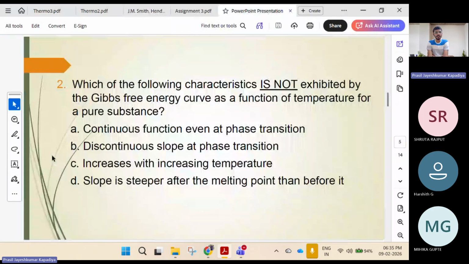That is this. Okay, so this we just studied. Which of the following characteristics is not exhibited by the Gibbs free energy curve as a function of temperature for a pure substance? So what can be the answer? Have a look at the slide and tell me.